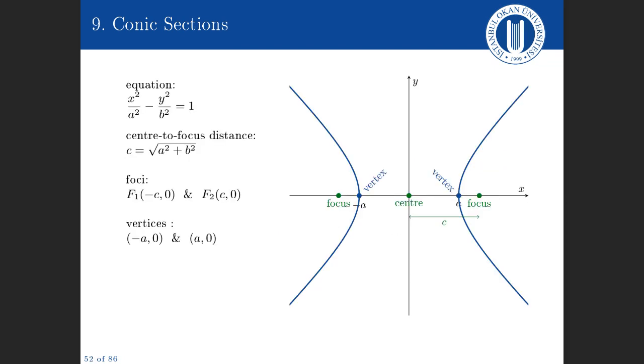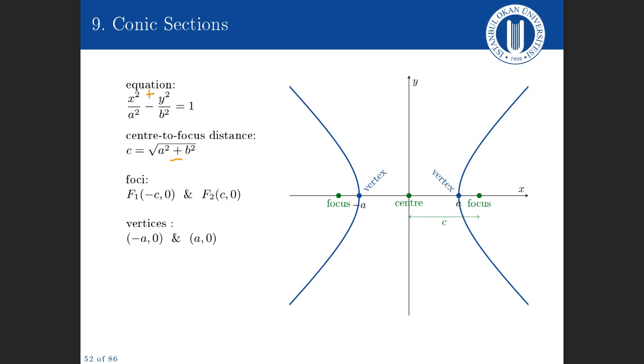This is the hyperbola x squared over a squared minus y squared over b squared is equal to 1. Now, this time it doesn't matter which of the numbers a and b is bigger. The center to focus distance now is c is equal to the square root of a squared plus b squared. For an ellipse, we had a plus in the equation and we had a minus in the center to focus distance.